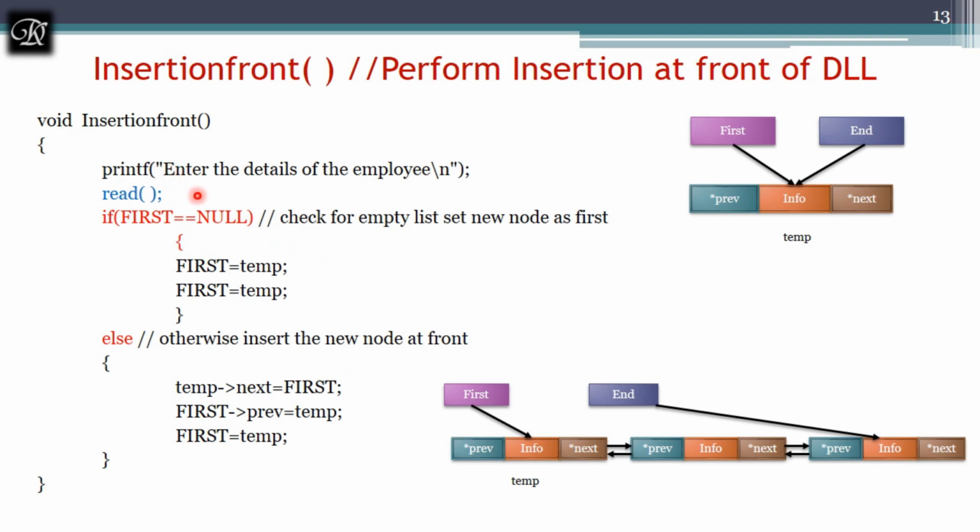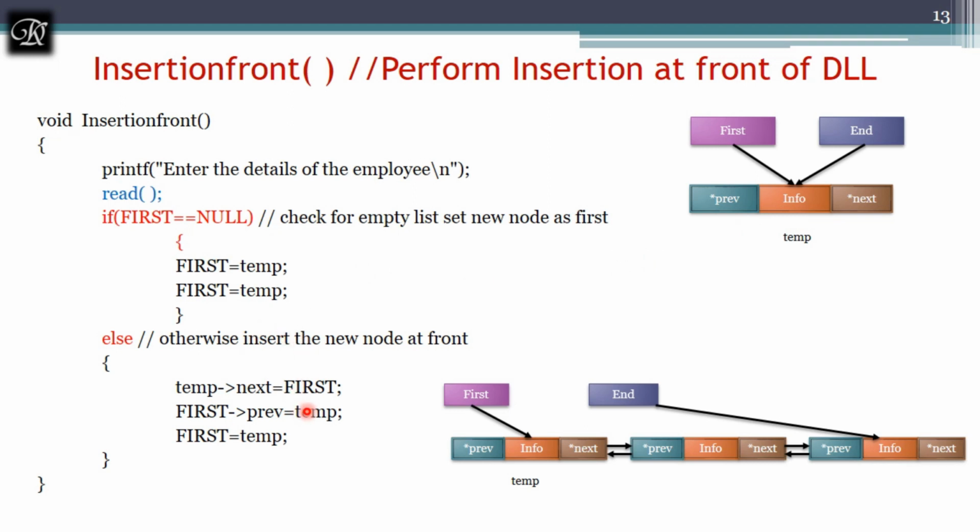As I said, we'll be having two cases when we are inserting the nodes in the front of the doubly linked list. The first case will be an empty list. How to check the empty list? If first is equal to null, it is not pointing to anything, then it's an empty list. So whenever I create a brand new node with the help of the read function, that is called temp, I'll call first and end the brand new node, that is temp.